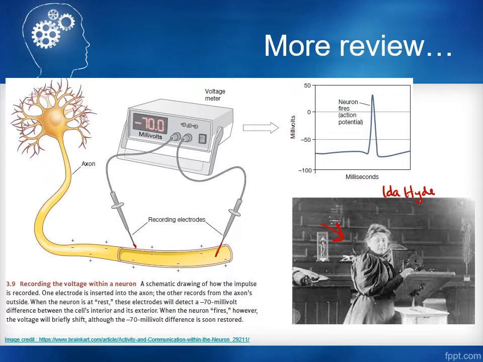And the needles can go into and out of the axon of a nerve cell, and we can actually record with this microelectrode the difference in charges due to ions inside and outside of the axon. So how we know that this is resting potential at about -70 millivolts, and this is depolarization and repolarization, hyperpolarization, and then back to resting potential, is all because of this amazing woman, Ida Henrietta Hyde.